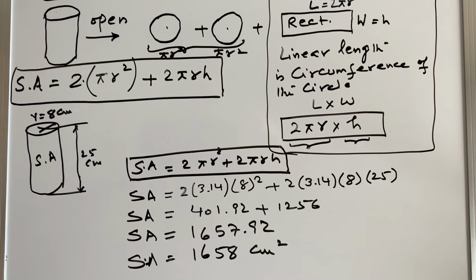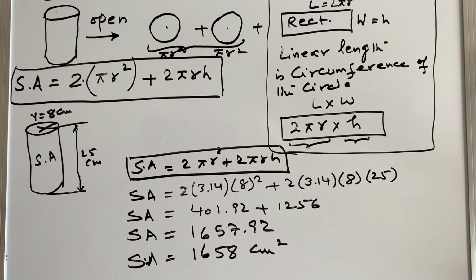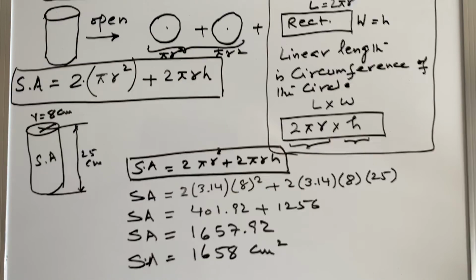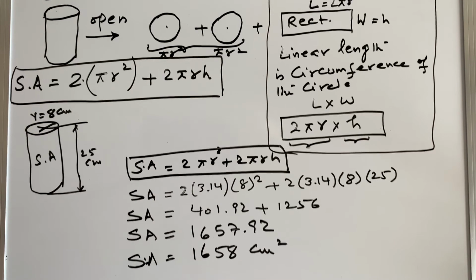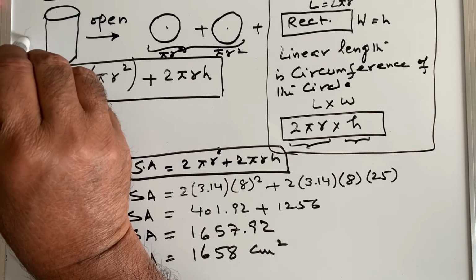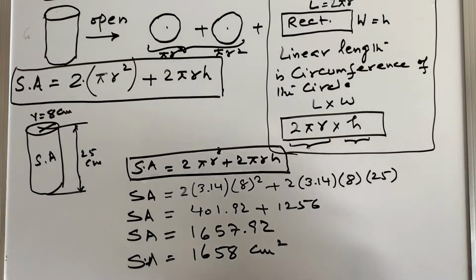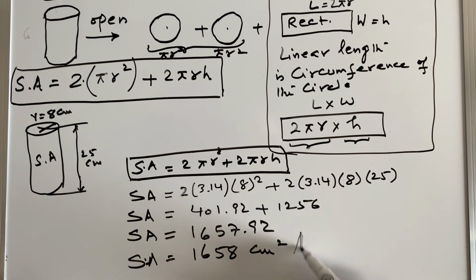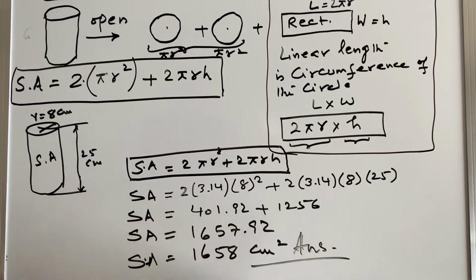And then one example was given, and we substitute back into the formula. 2 times pi r square plus 2 pi r h is the surface area of a cylinder. So when you open up a cylinder, for the net, you have 2 circles and 1 rectangle, right? And then we have our answer for this particular question, and surface area is in centimeter square.